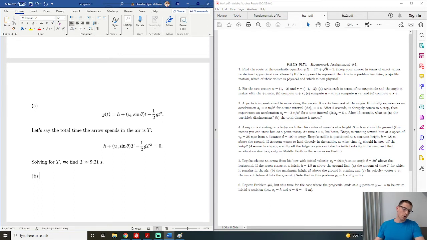Okay, I'm seeing some good stuff here. So first of all, you can't just plug t back into your equation, because this is the total time that it takes for its entire trip. If we plug in 9.21 seconds, we should just find that the y value is 0 at that time, because that's what we demanded here.